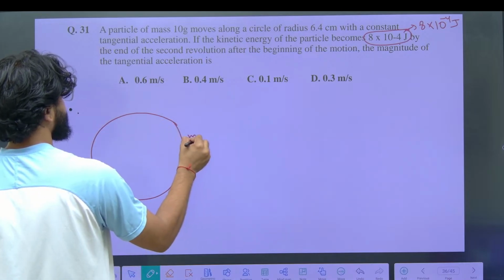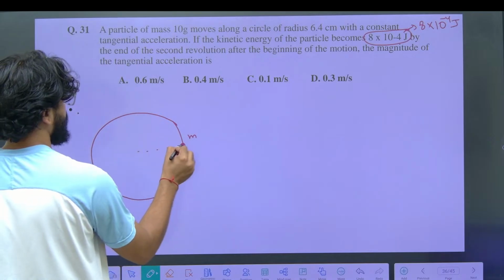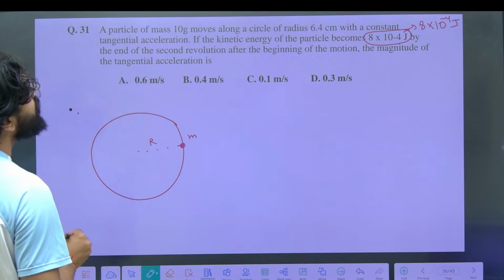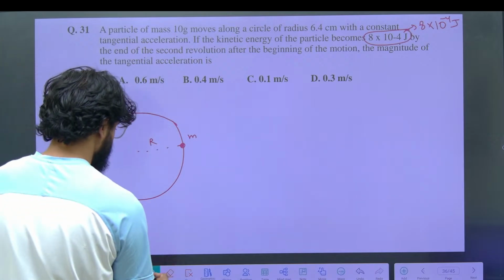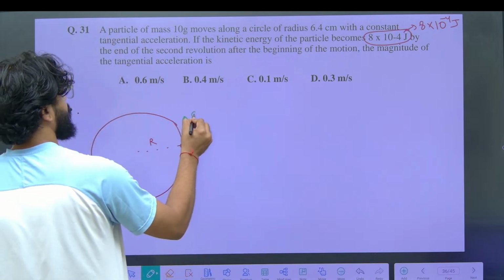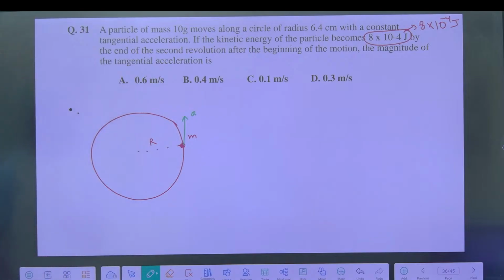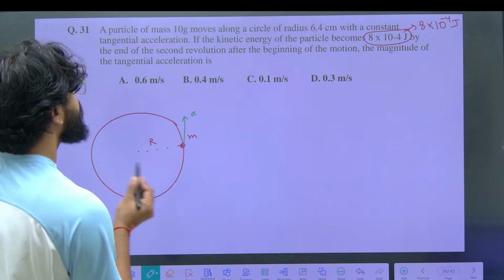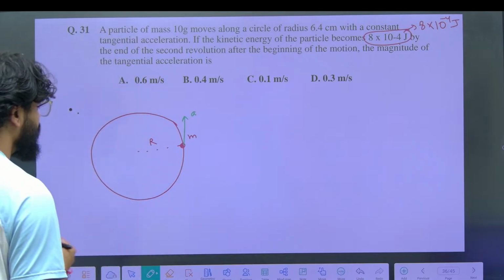Its mass is m, radius is r, and it moves with a constant tangential acceleration, let's say a.